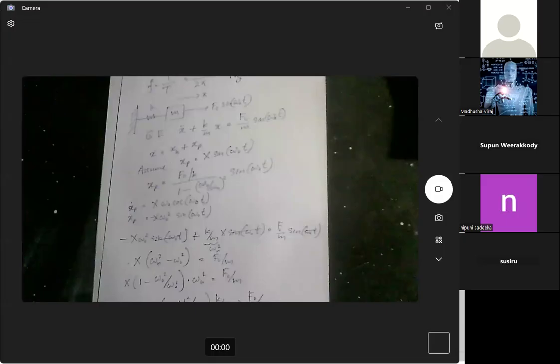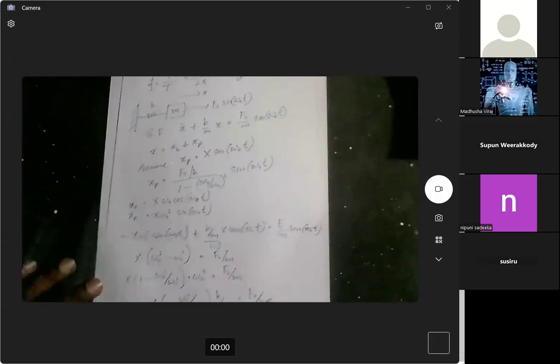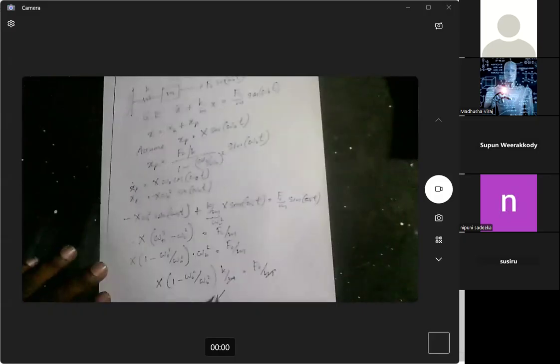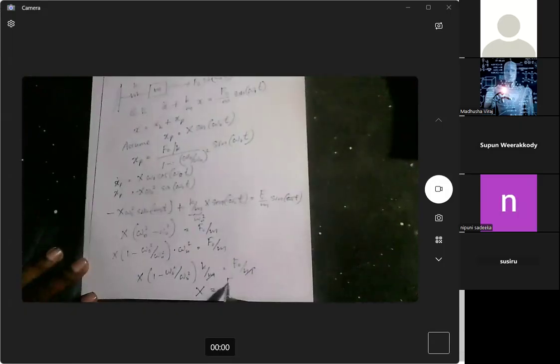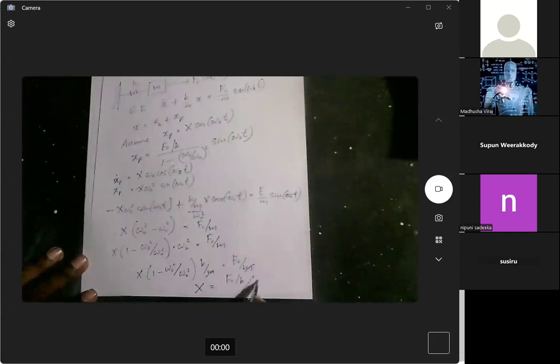M is there on both sides, so you can remove m, and we find the amplitude of the particular integral as f naught over k divided by 1 minus omega naught squared over omega n squared.